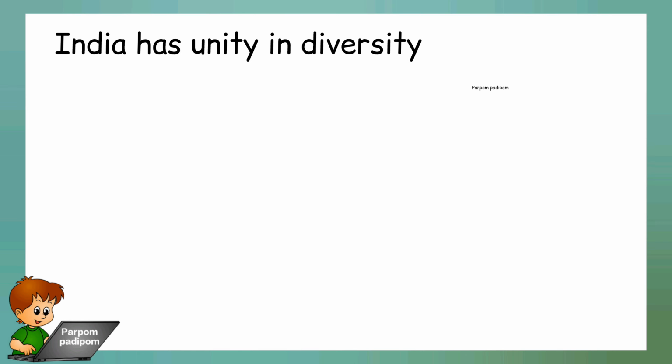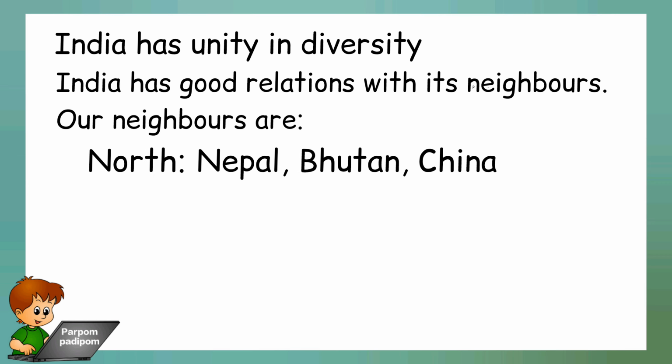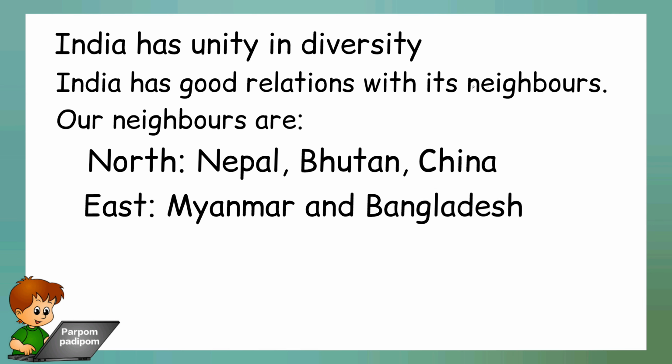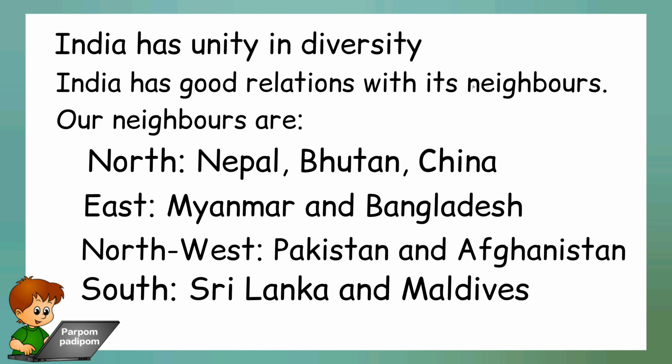India has unity in diversity. India has good relations with its neighbors. Our neighbors are North, Nepal, Bhutan, China; East, Myanmar and Bangladesh; Northwest, Pakistan and Afghanistan; South, Sri Lanka and Maldives.